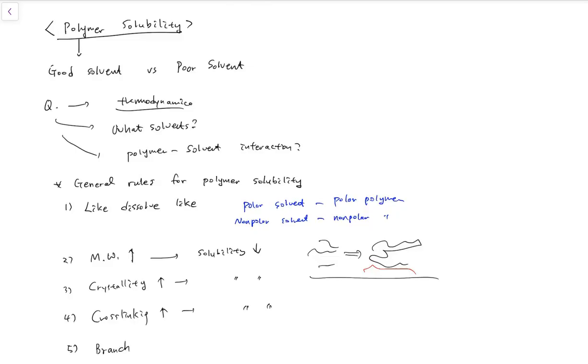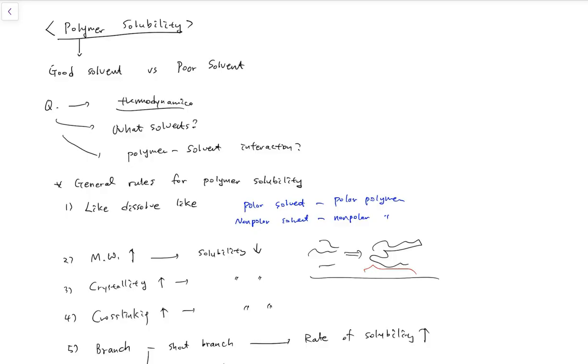How about not cross-linking? How about branching? In terms of branching, if there are relatively short branches, the rate of solubility usually increases, because short branches help the solvent to penetrate into the polymer chains.